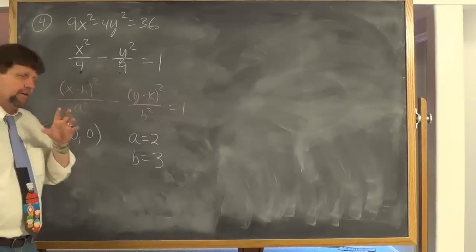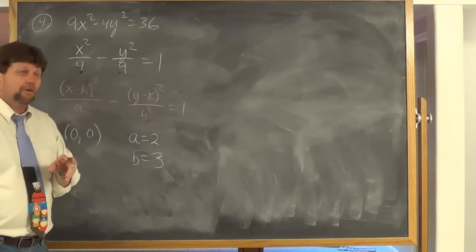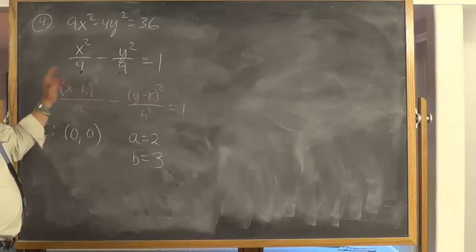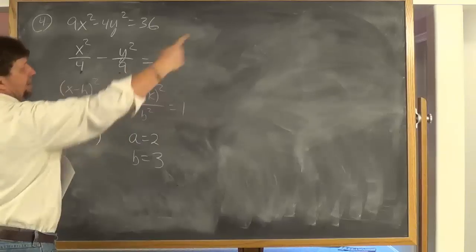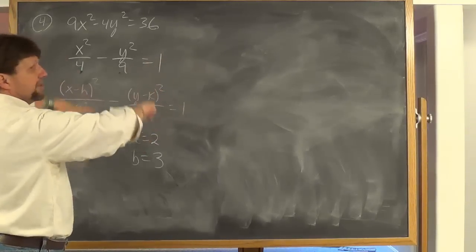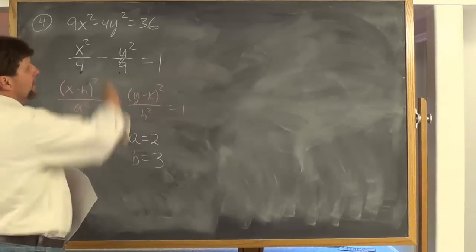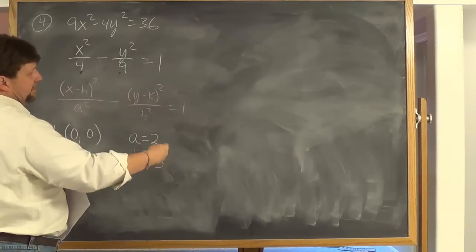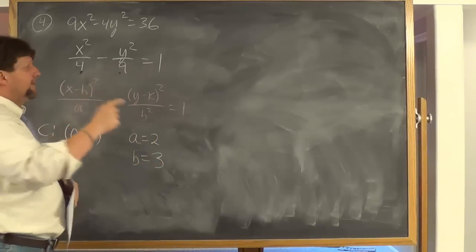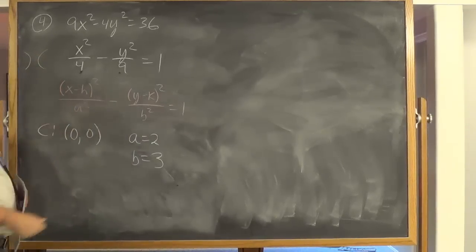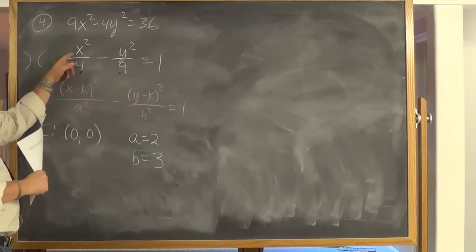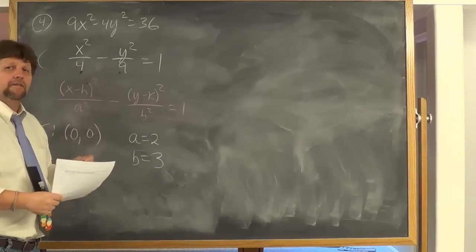And I'm going to tell you a little trick similar to what I told you for ellipses. Hyperbolas have one of 2 forms. They're either this type of hyperbola, so branches like this, or they're like this. I know this hyperbola must have this shape because the first variable I see is x.